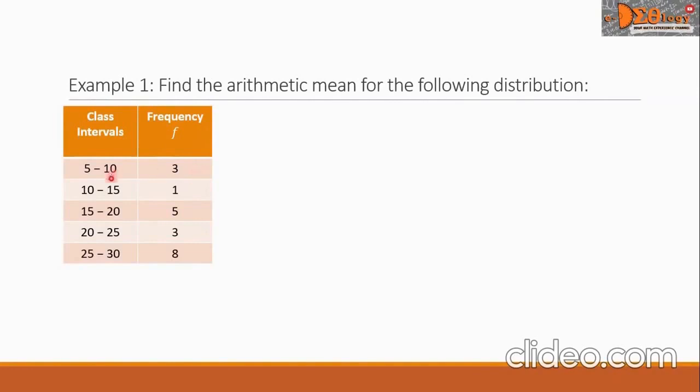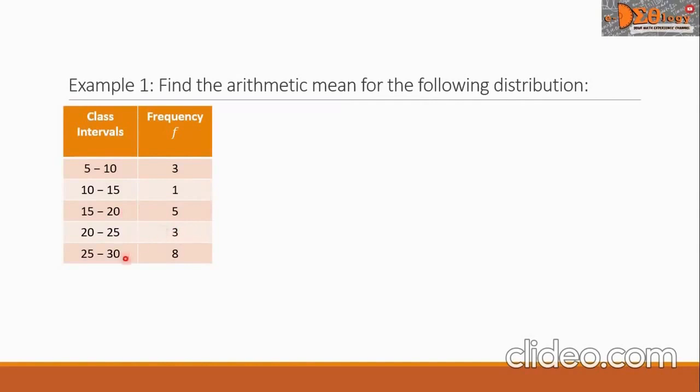See the first class interval as 5 to 10, and the frequency is 3. The second group is from 10 to 15 with frequency 1. Third group from 15 to 20 with frequency 5. Fourth group from 20 to 25 with frequency 3.